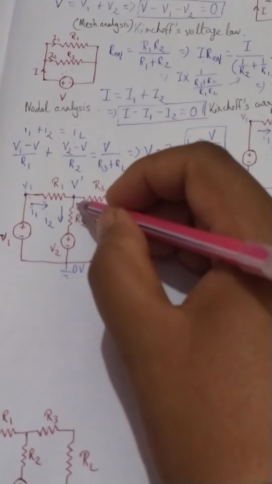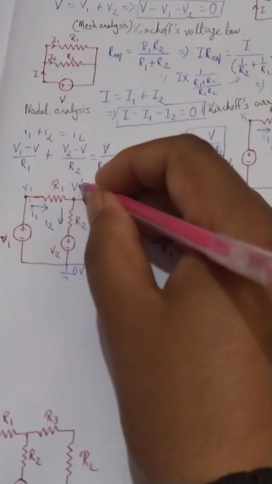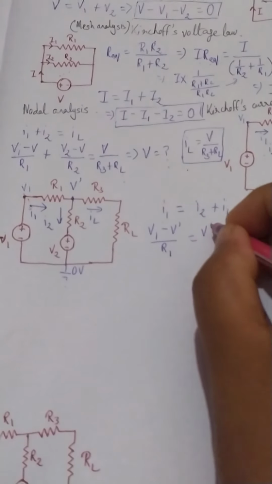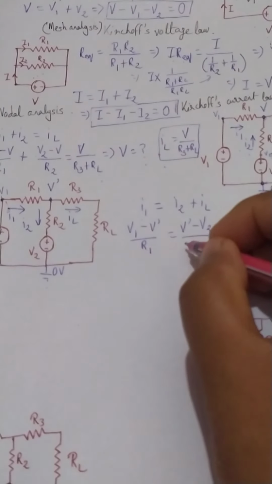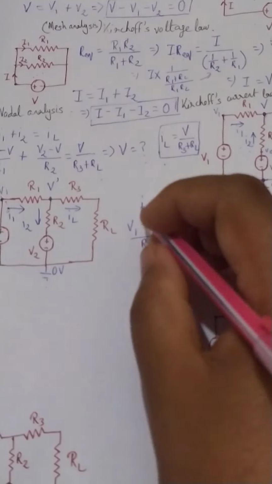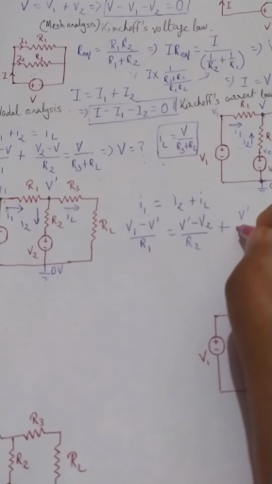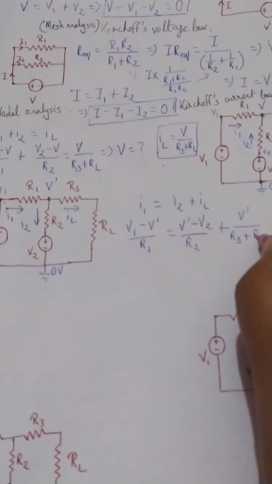I2 would be, now the direction of current is from this point to this point. Potential at this point is V dash. Potential at this point is V2. So it becomes (V dash minus V2) by R2, plus IL. So it becomes V dash by R3 plus RL.